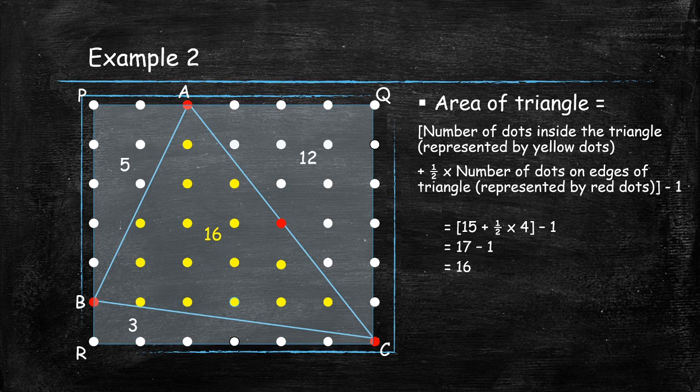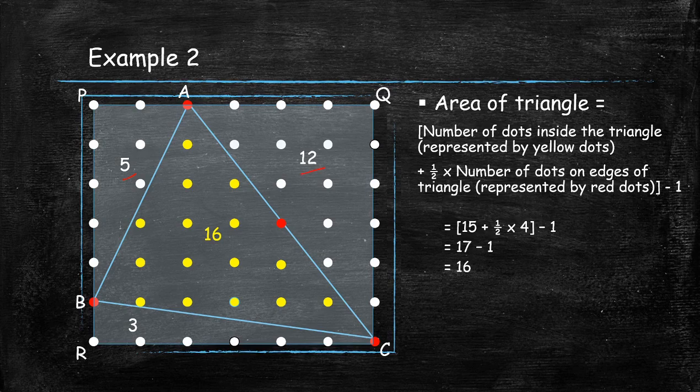So again we verify it. So area of triangle APB is 2 into 5 into half, which is 5 square units. Area of triangle AQC is half into 4 into 6, which is 12 square units.